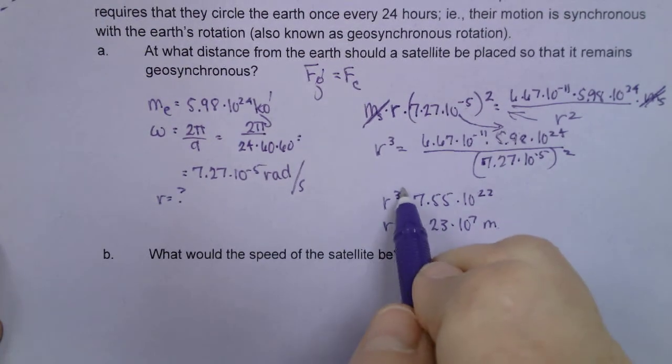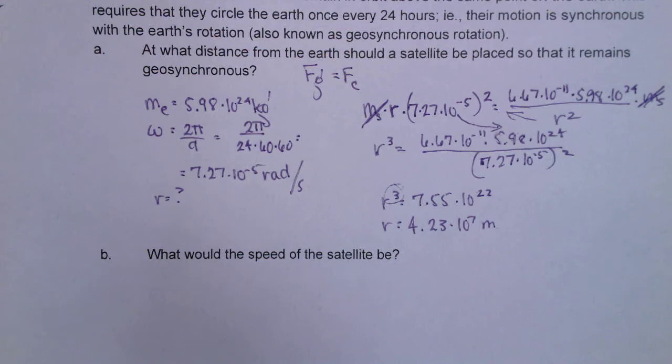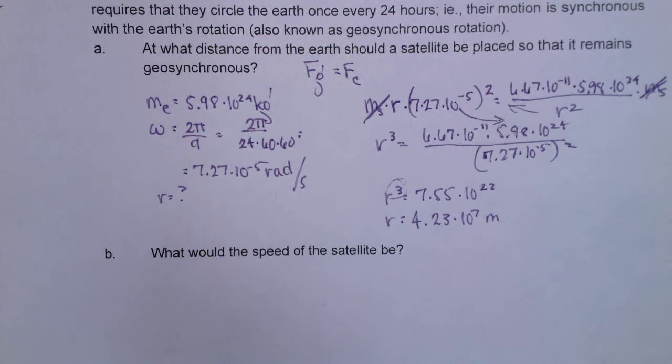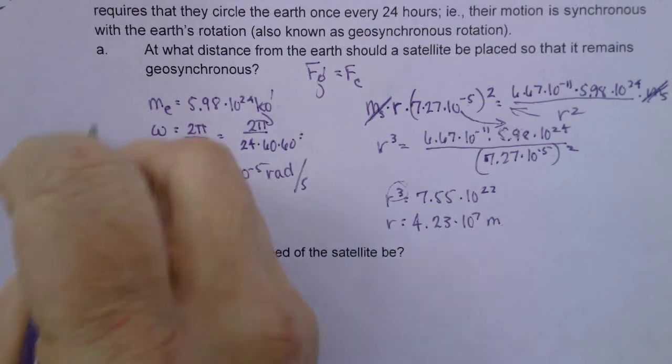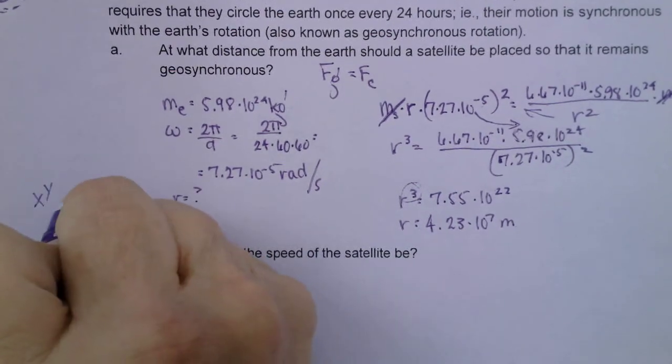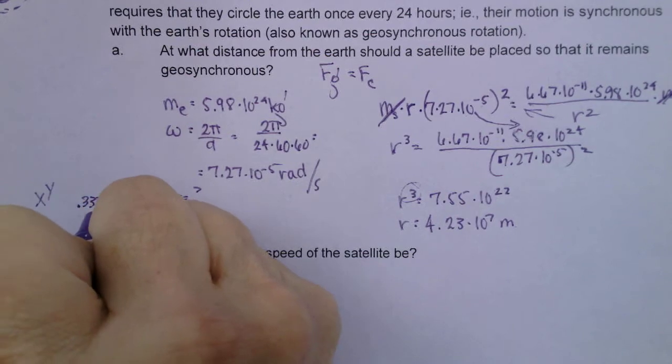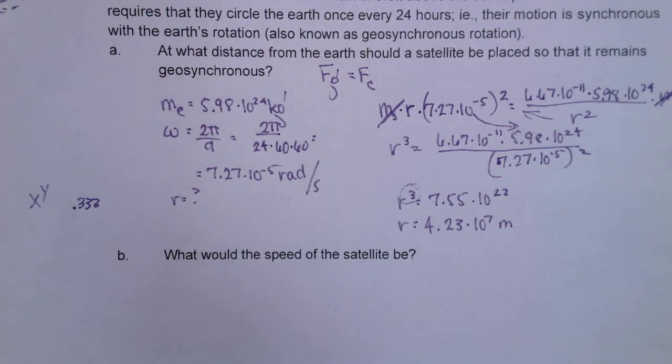Now, if you don't have a cube root button on your calculator, you probably have a button that is the y to the x power or x to the y power. And what you're going to hit for the y power then would be 1/3, 0.33333, and that will get you what you need. So for your x to the y power, you're going to make your y power 0.333, as many threes as you can get in there.